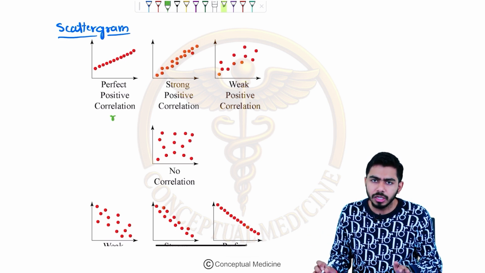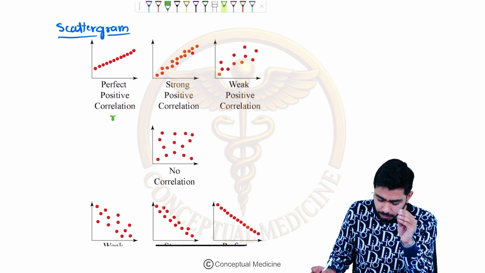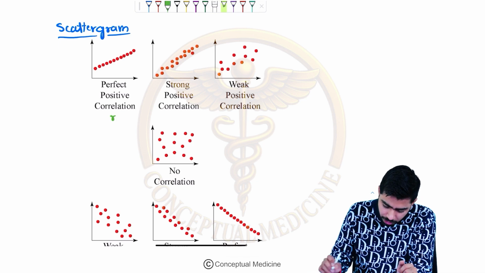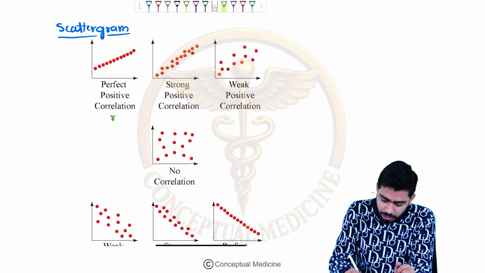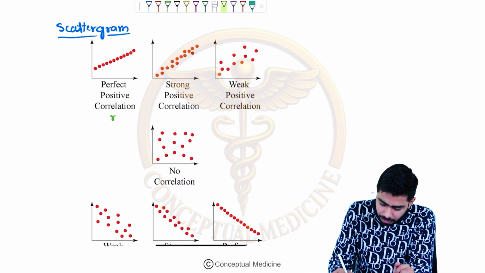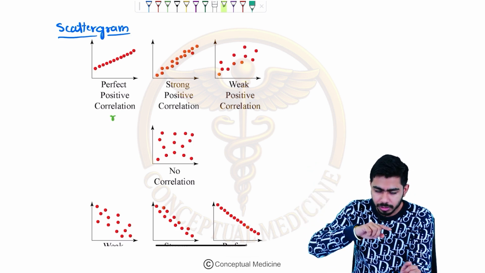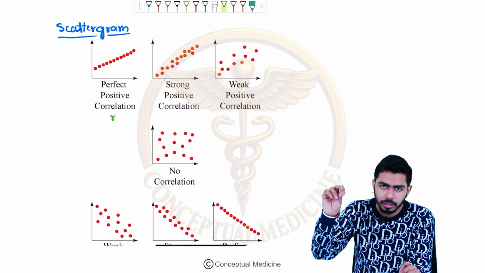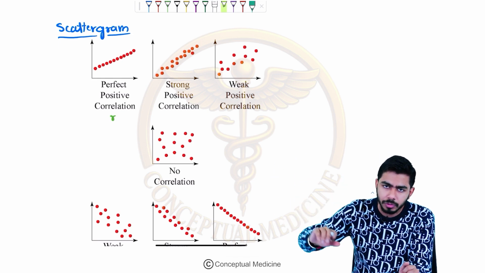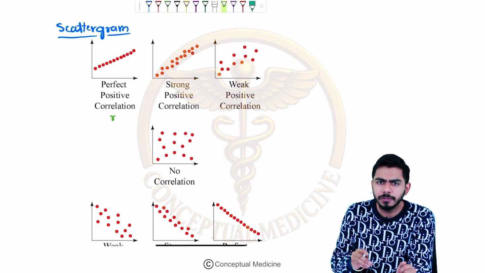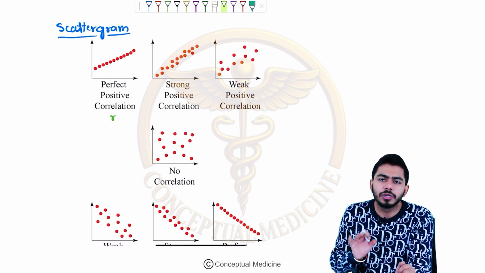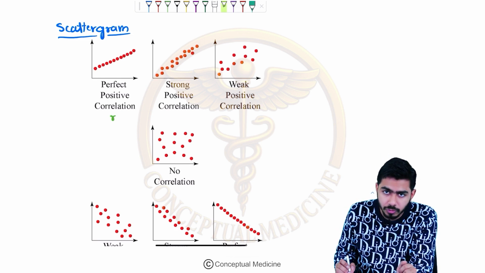We can give the name and also the value, I will come to that. If the scattergram shows the scatter in the positive direction, then we say this is positive correlation. As you can see, this is the perfect positive correlation.